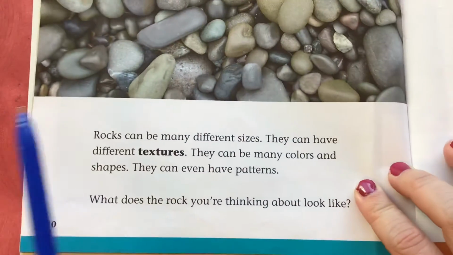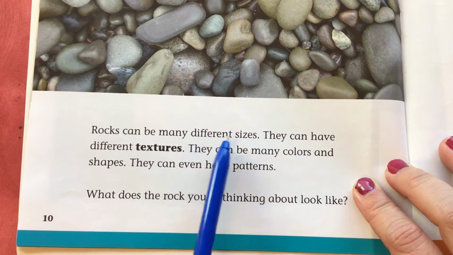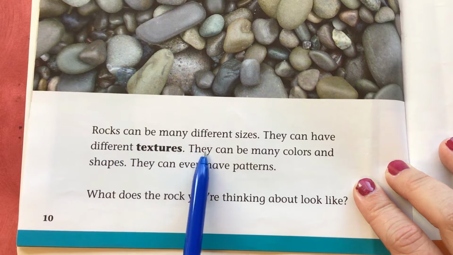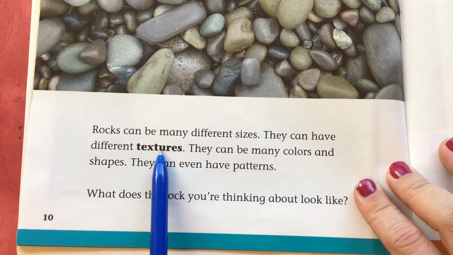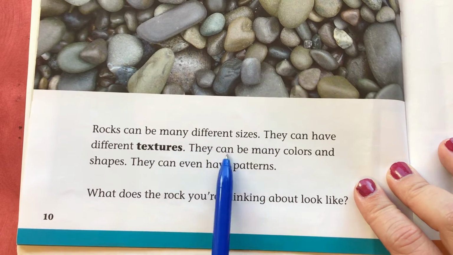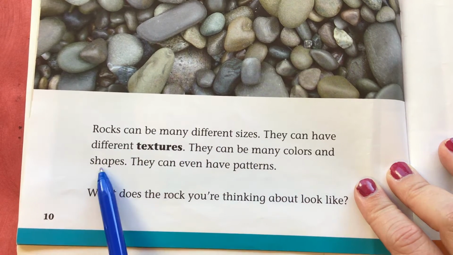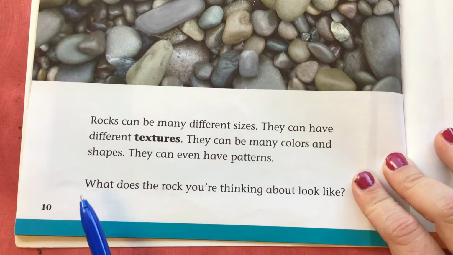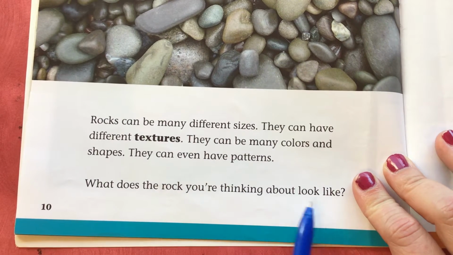Very cool. Page 10. Rocks can be many different sizes. They can have different textures. You can see textures is a darker word, so this is one of your vocabulary science words. They can be many colors and shapes. They can even have patterns. What does the rock you're thinking about look like?